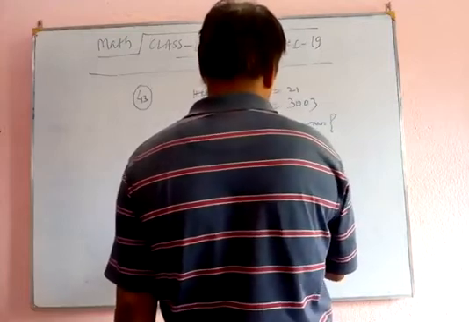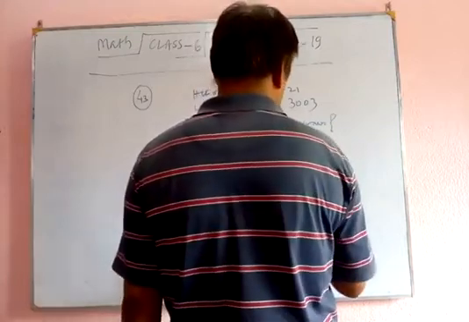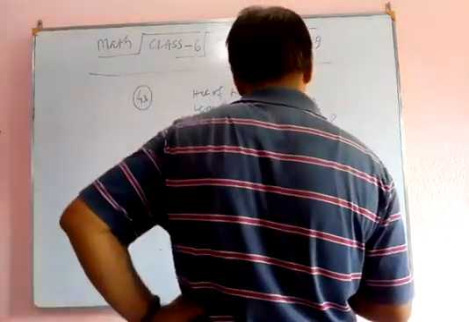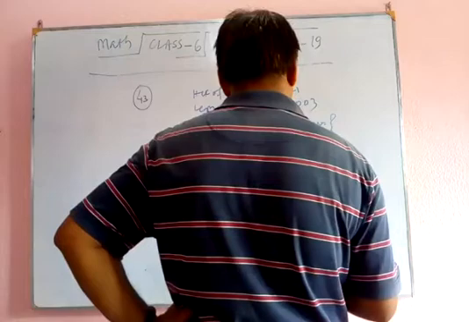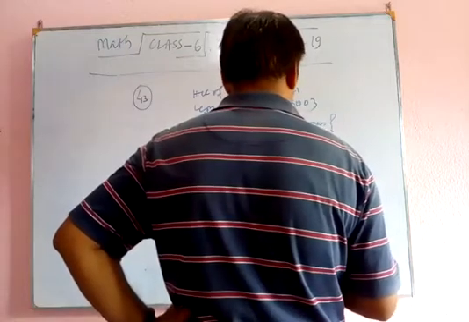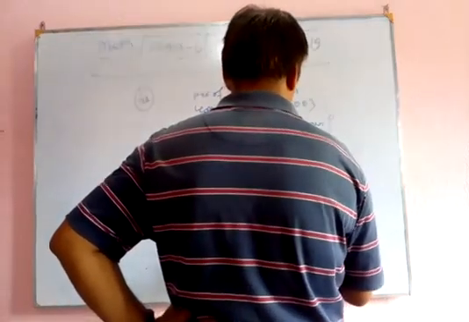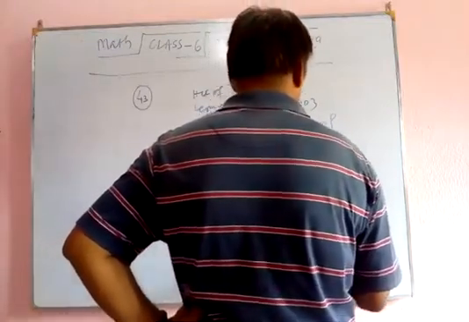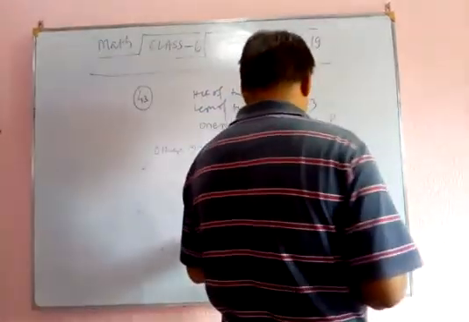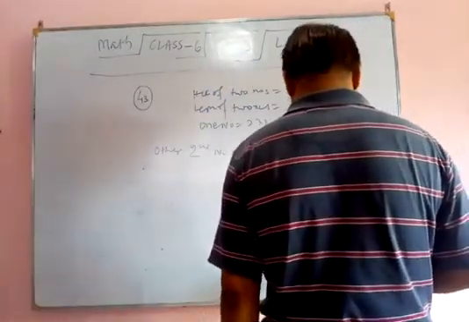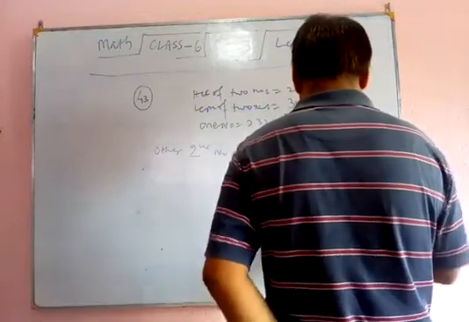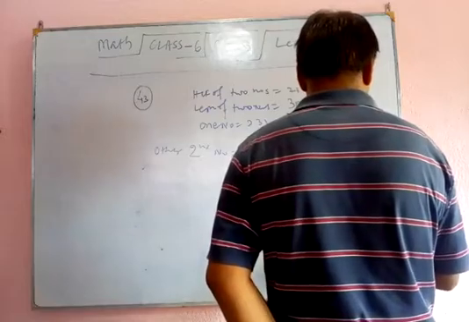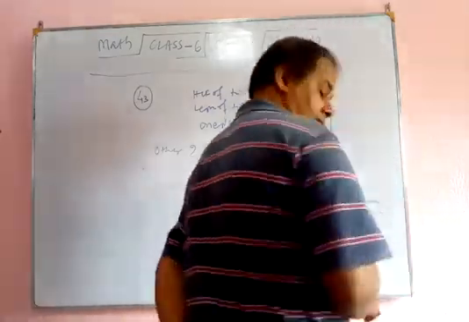So 3 times 7 and 3 times 7, and this will be cut by 11 times. Now 11... then 7, then 3. So the answer is 273.